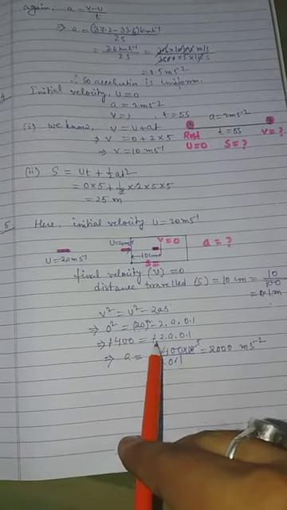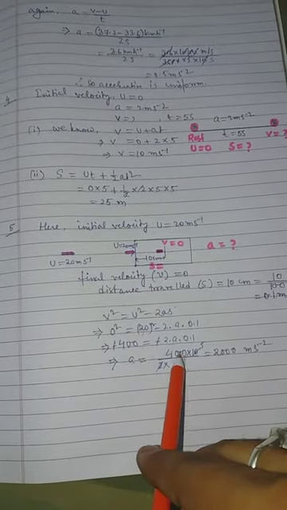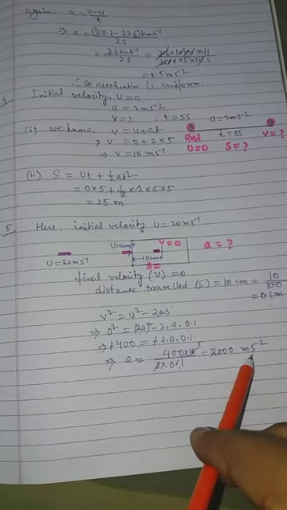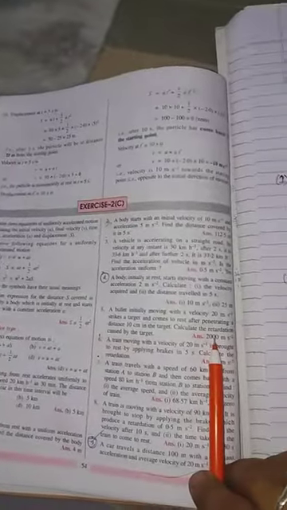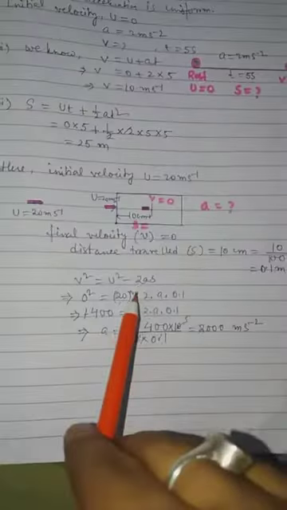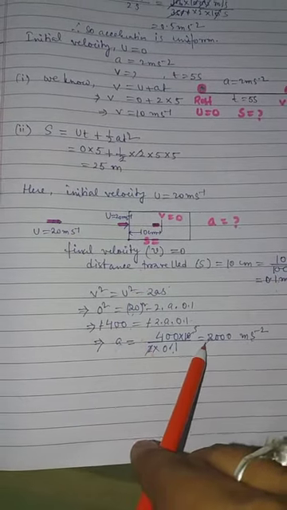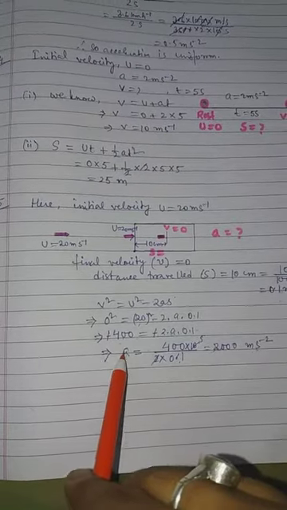Now 400 equals 2 into a into 0.1, therefore a equals 400 by 2 into 0.1, we get 2000 m/s². This is retardation. Here we use the negative sign, so we finally get a equal to positive. This indicates retardation, not acceleration.